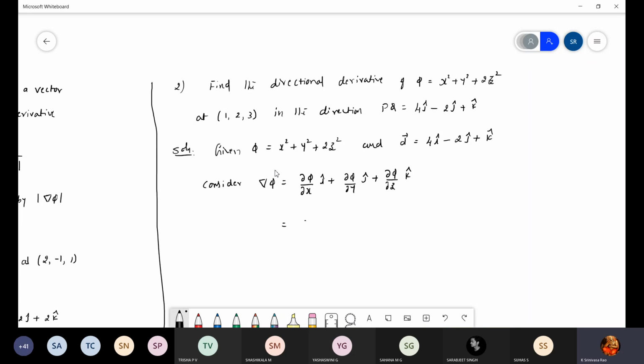So I will substitute: dou by dou x of (x square plus y square plus 2z square) i cap plus dou by dou y of (x square plus y square plus 2z square) j cap plus dou by dou z of (x square plus y square plus 2z square) k cap.